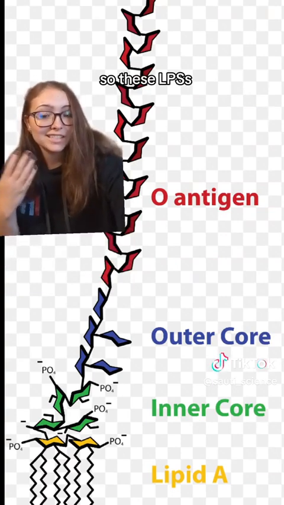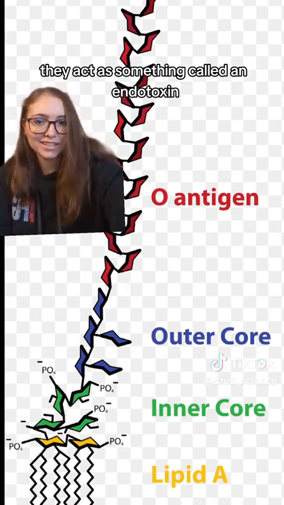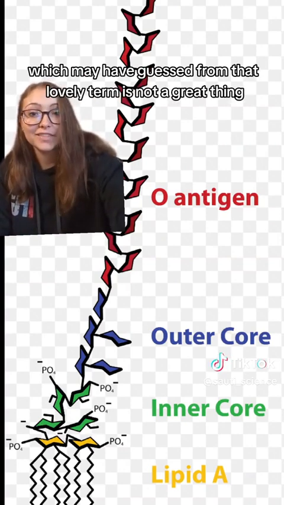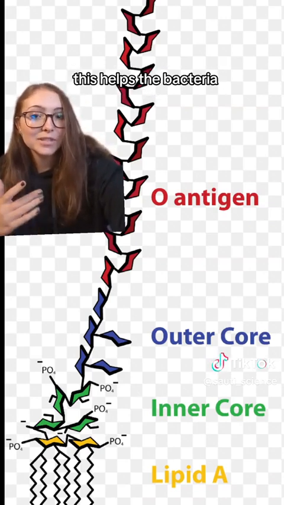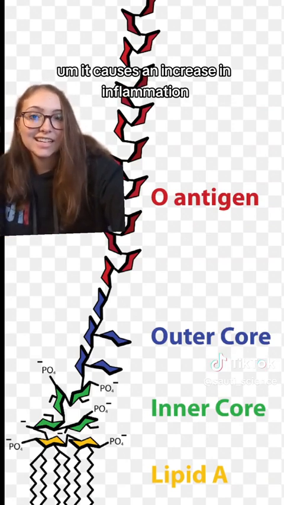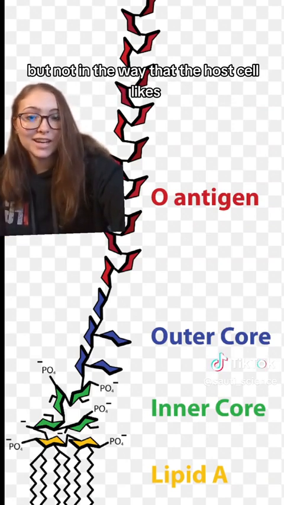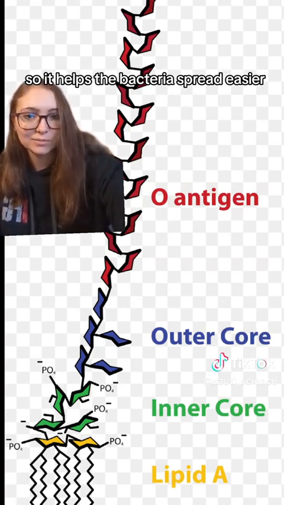So these LPSs act as something called an endotoxin, which, as you may have guessed from that lovely term, is not a great thing. This helps the bacteria. It causes an increase in inflammation, but not in the way that the host cell likes, so it helps the bacteria spread easier.